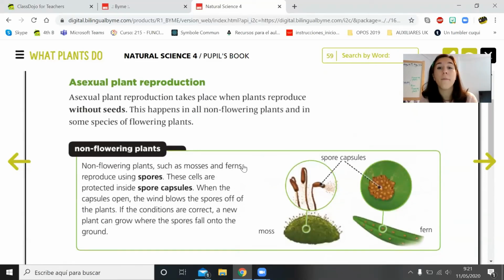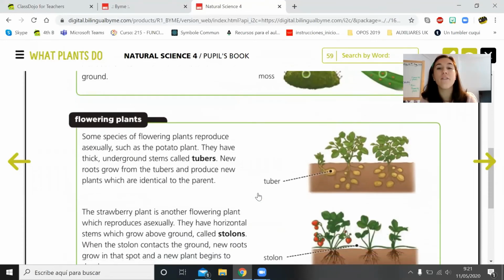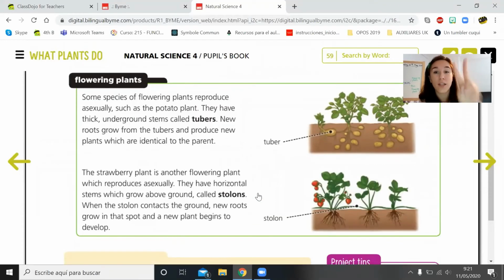We have the moss and the ferns that are non-flowering plants because they don't have flowers and they reproduce with spores. And then we have the flowering plants that are two types, the tubers and the stolons.